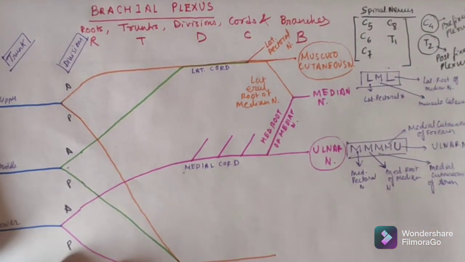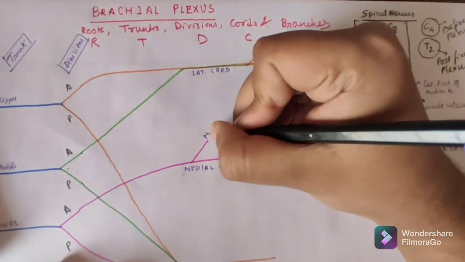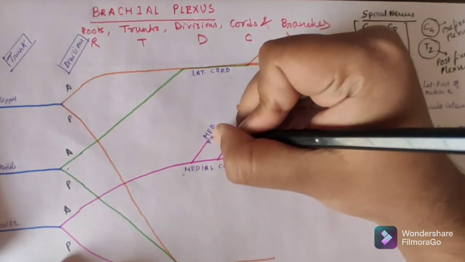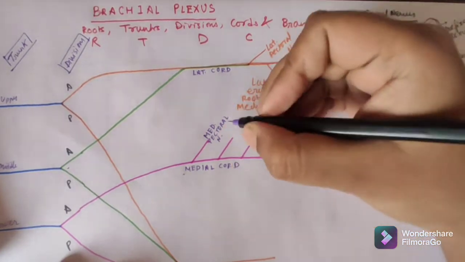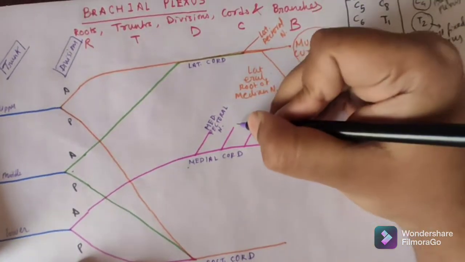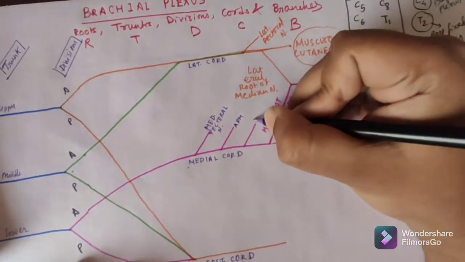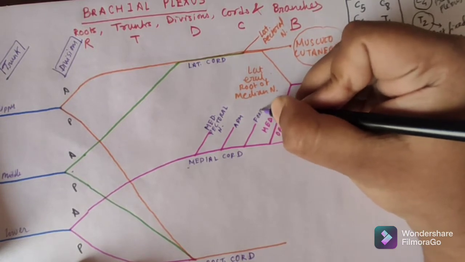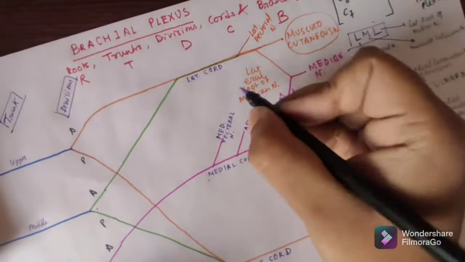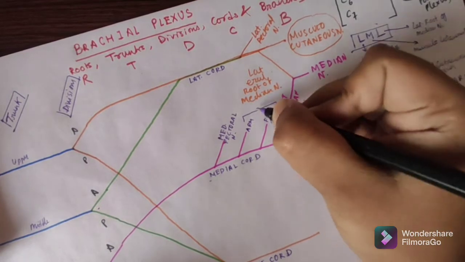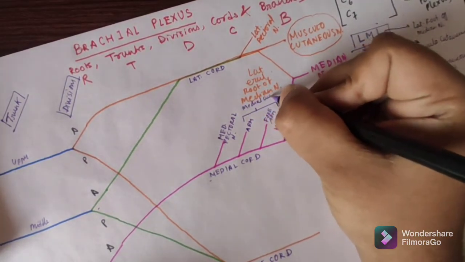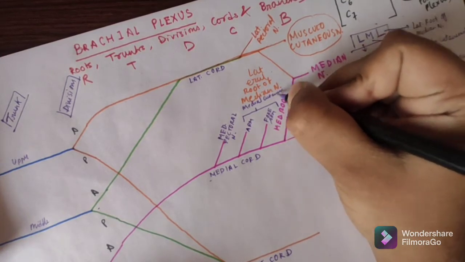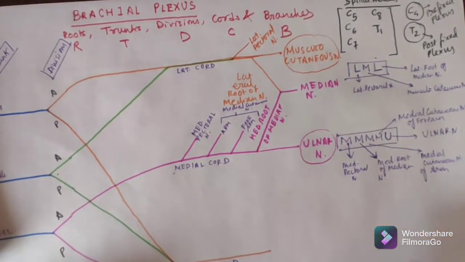Now these three branches are respectively the medial pectoral nerve. Okay. Next, one is for the arm and one is for the forearm, and these nerves are the medial cutaneous nerve. Okay.